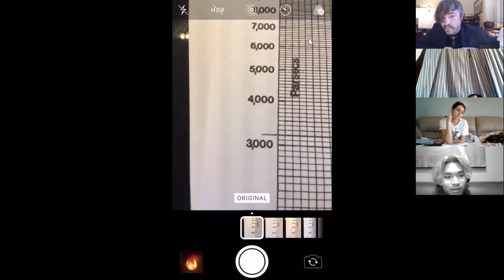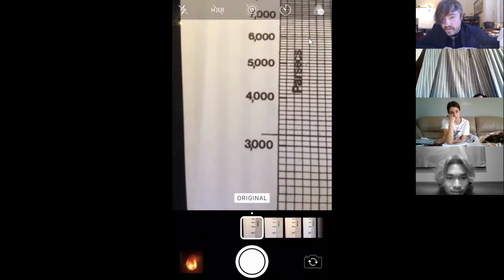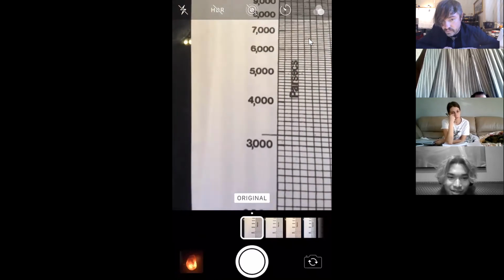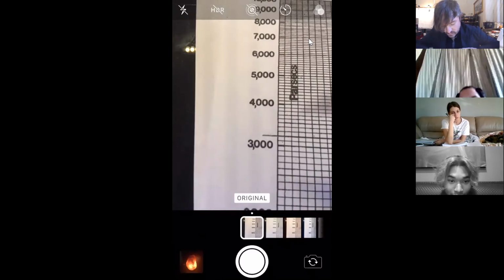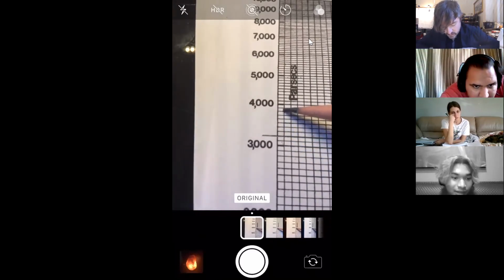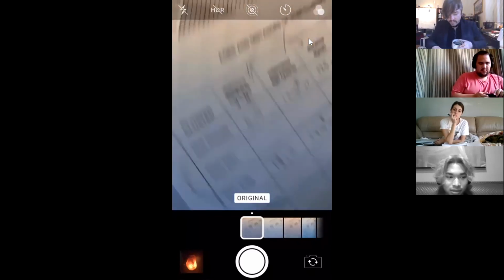What's your interval? 1000 parsecs. How many boxes do you think are in between there? I can't see that. 10? Yep. 1000 divided by 10 is 100 each box, so 3,200 parsecs. That's our man.